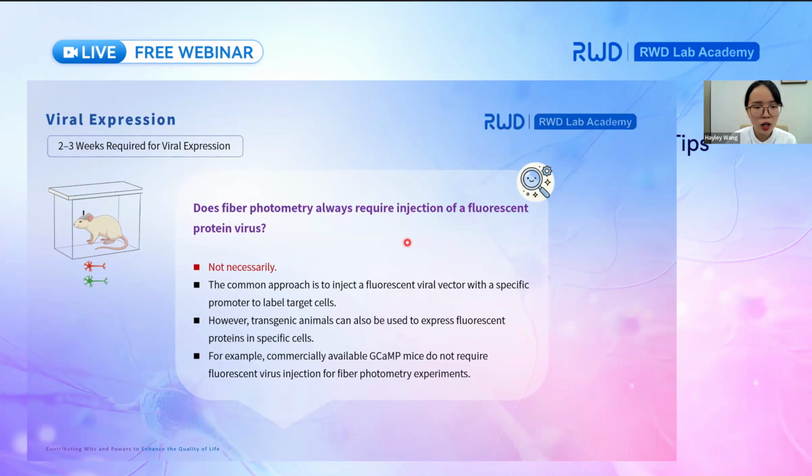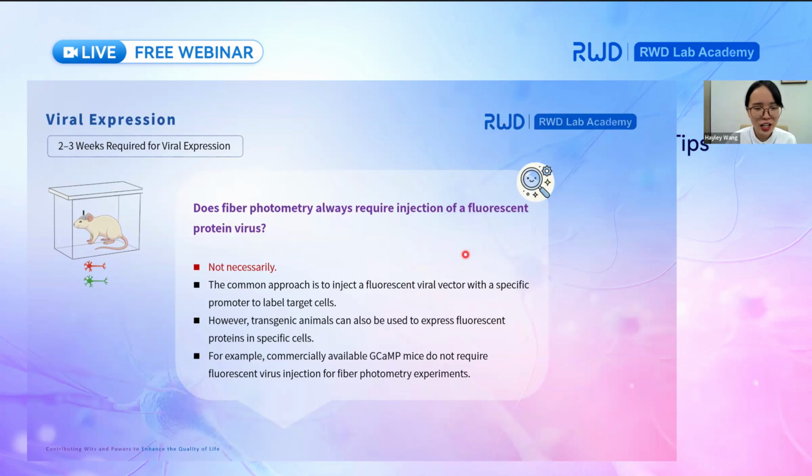At this point, a common question is, does fiber photometry always require injection of a fluorescent protein virus? The answer is not necessary. The most common approach is to inject a fluorescent viral vector with a specific promoter to label the target cells.